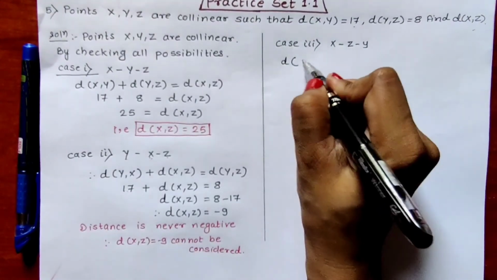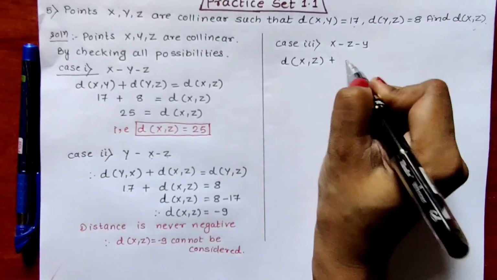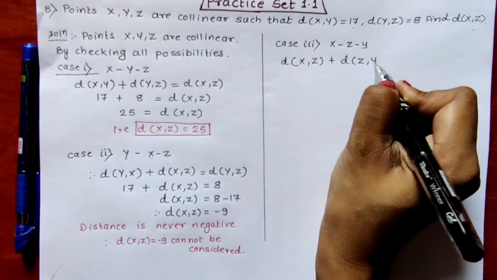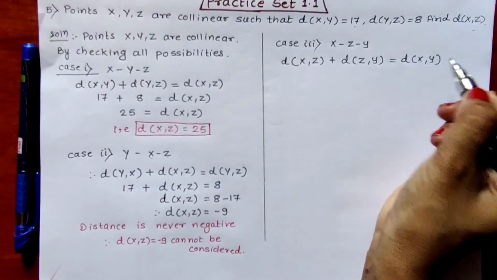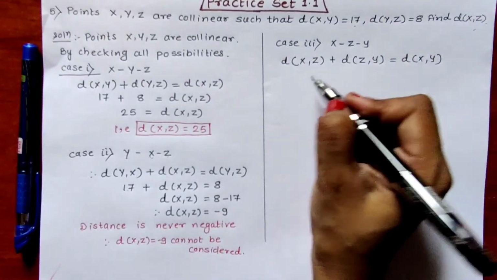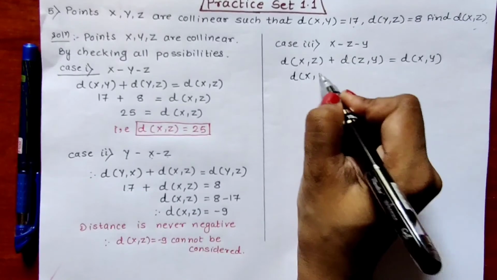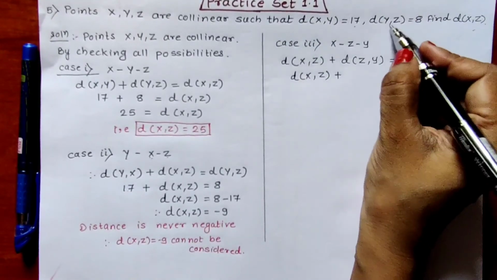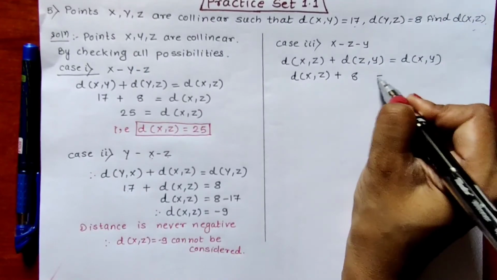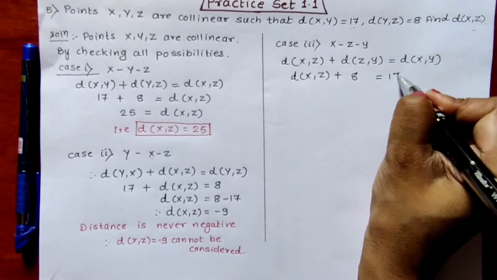Therefore distance xz plus distance zy is equal to distance xy. Now we have to find out xz. This is distance xz as it is. We have to write zy, that means yz is 8, is equal to xy, which is 17.